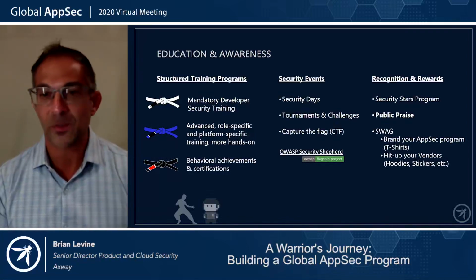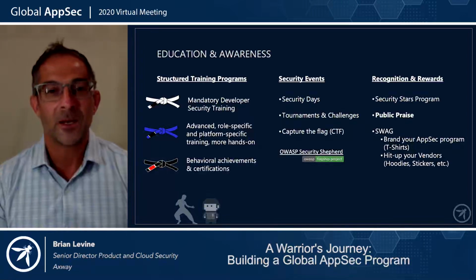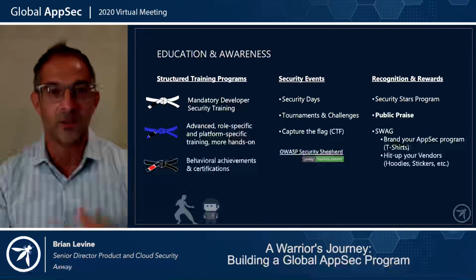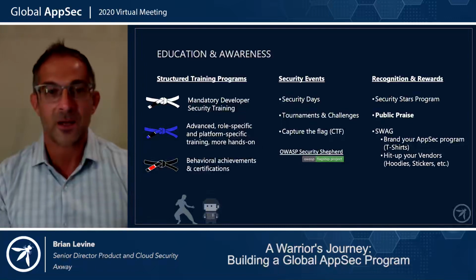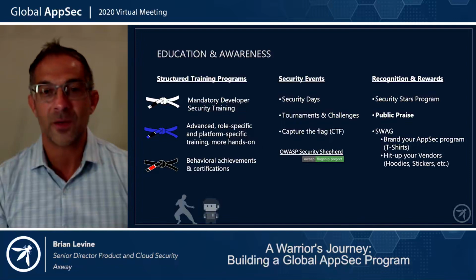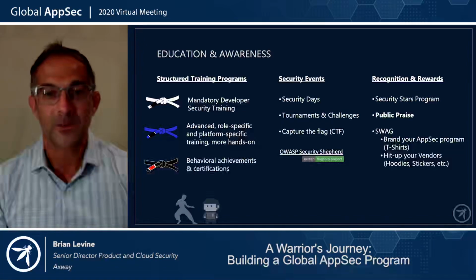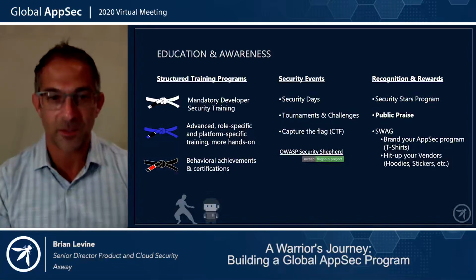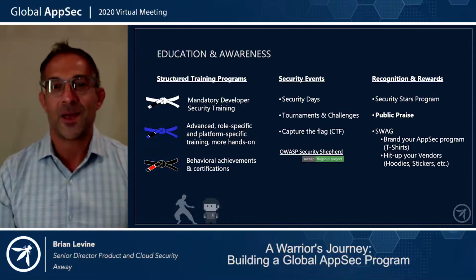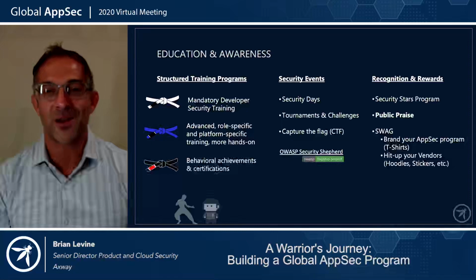So, publicly praise them in Slack, Teams, or the company intranet. You can launch a Security Stars program where, on a periodic basis, either quarterly or monthly or just ad hoc, you name the Security Stars for that time period and announce them publicly. And of course, a little swag and some inexpensive gift cards can go a long way.